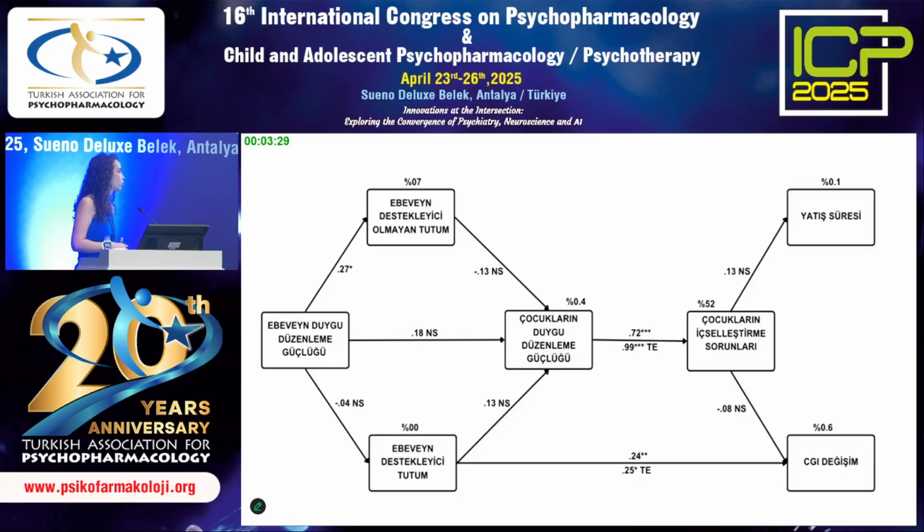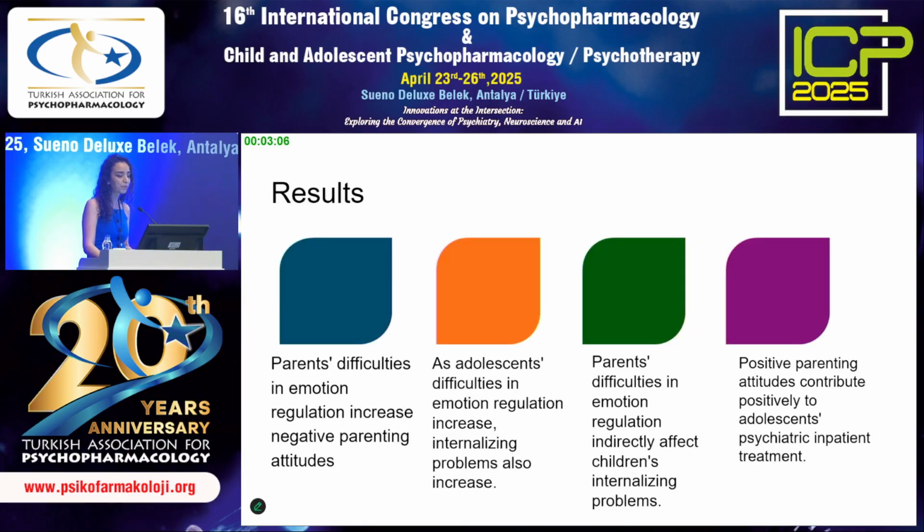What is important for us is that the parental supportive attitude has an effect. When the child is hospitalized, parents should be more supportive. When this is the case, the hospitalized adolescents can receive more benefit during the time period that they are hospitalized.